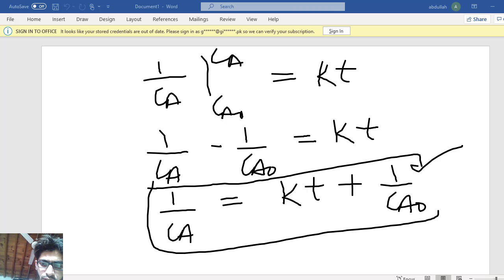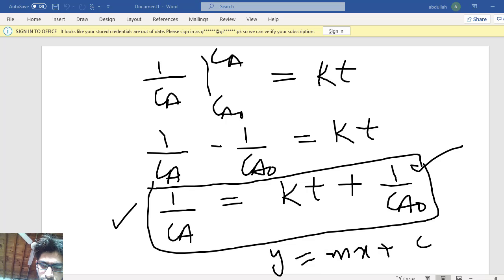This is the integrated rate law for the second order reaction, and it is like a straight line. It is the equation of a straight line, like y equals mx plus c, where 1 over C_A naught shows the y-intercept and k shows the slope of the line, time is on the x-axis, and 1 over C_A is on the y-axis.